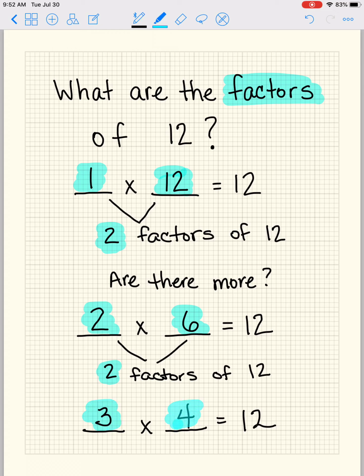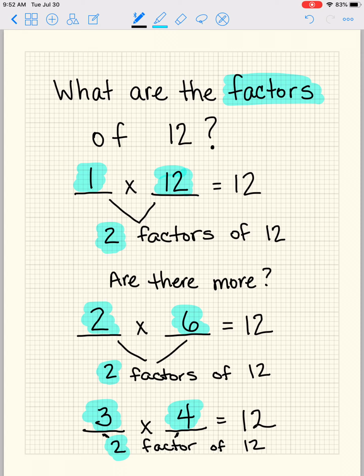So now I know there are 2 factors of 12 right here, the 3 and the 4. That gives me another 2 factors. So all together, I have 6 factors for the number 12.